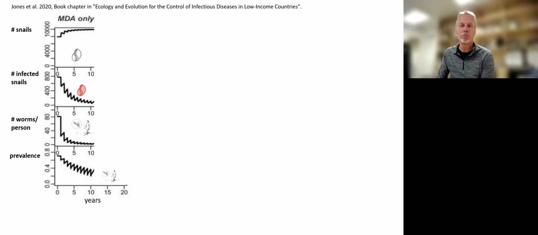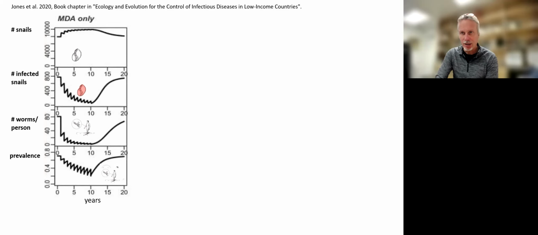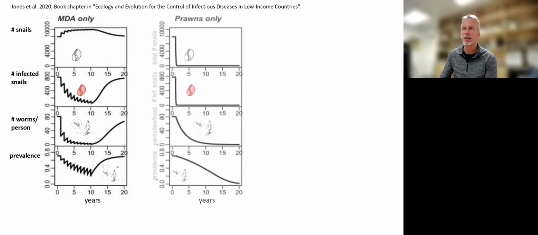The number of worms per person, the mean parasite burden, decreases, and prevalence decreases as well. But if for any reason we stop administering praziquantel, because COVID-19 prevents us from doing that, then the snails and the worm abundance bounce back very rapidly, and the disease goes back quickly to the same level.